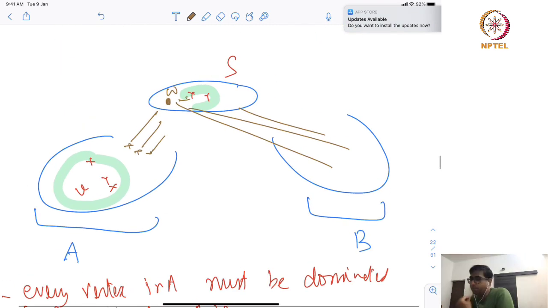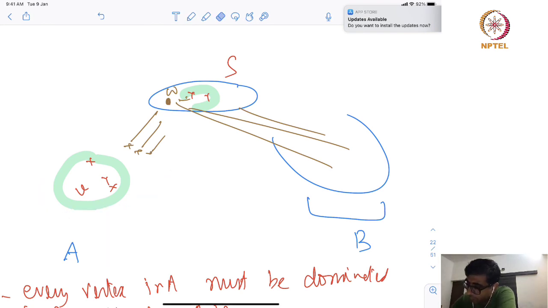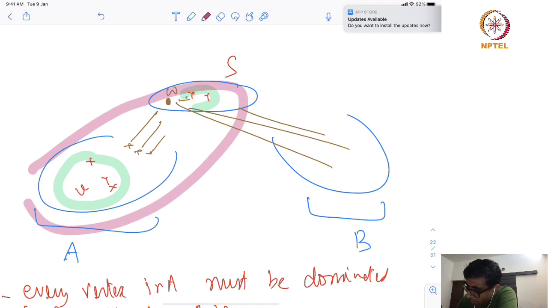Which implies that if I am solving recursively, if I am trying to solve here, I may not need to dominate a vertex in S, right? Some vertices in S may be dominated from the B side.